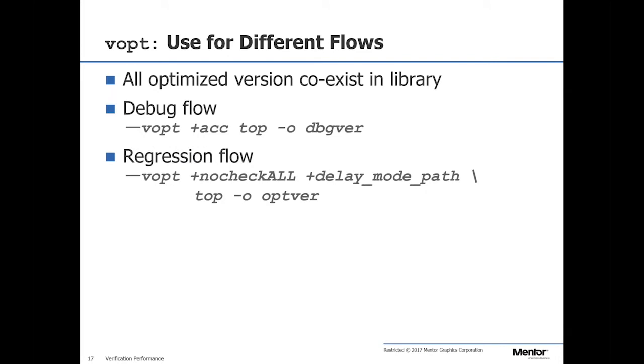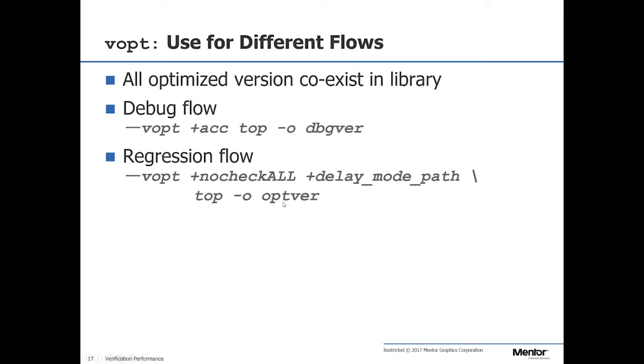Right here is the regression flow. So don't worry about all these arguments, but basically I've put in the arguments to say that I'm making this thing run as fast as it possibly can. I don't care about debugging. This is just for doing regression, and if I have an error, I can go back and rerun on debug ver.